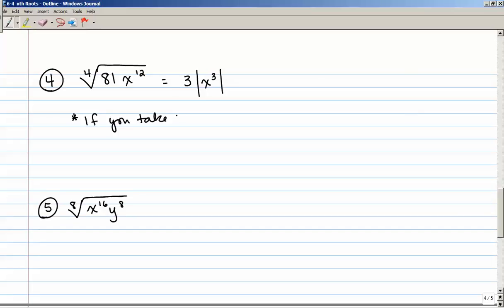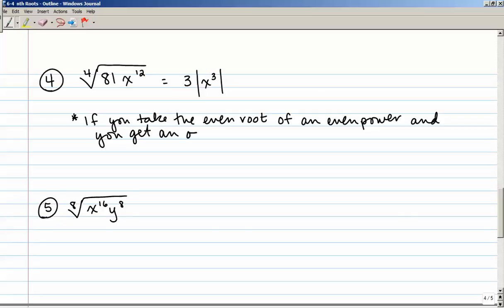If you take the even root, which remember in this case was 4, of an even power, which in this case was 12, because I was taking the 4th root of x to the 12th, and you get an odd power, in this case 12 divided by 4 was 3, that's my odd power, then you need to use absolute value bars.